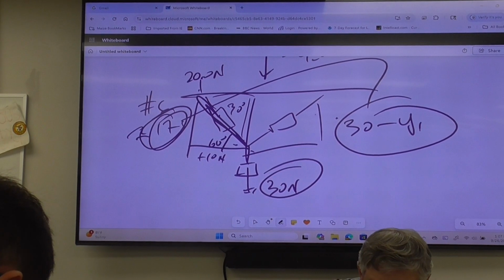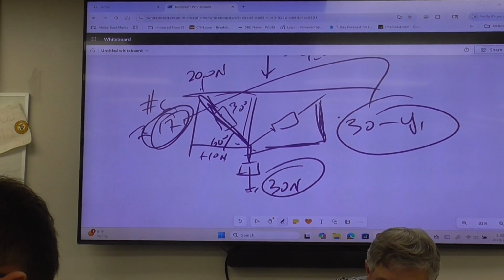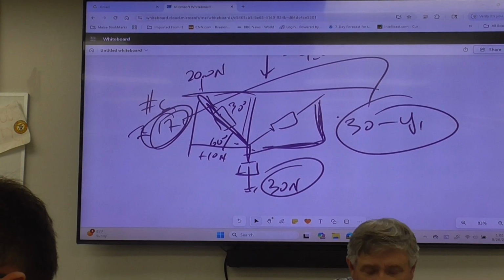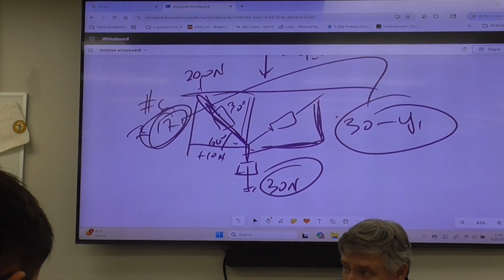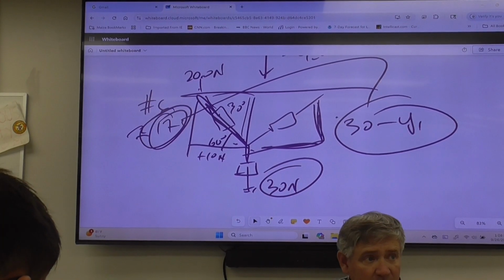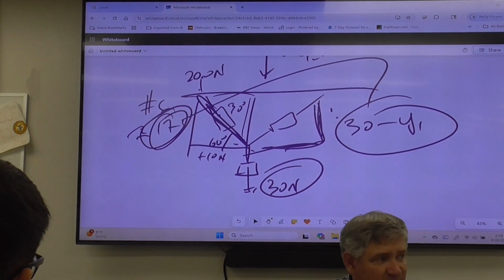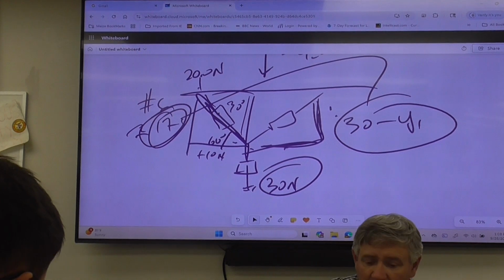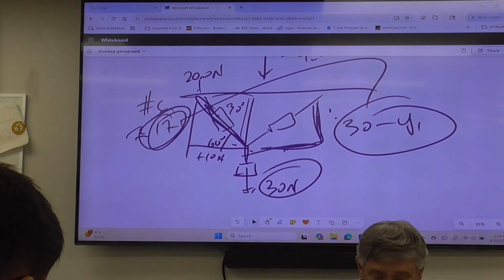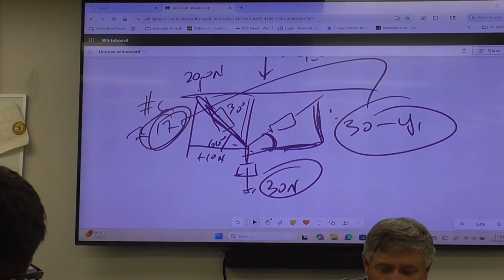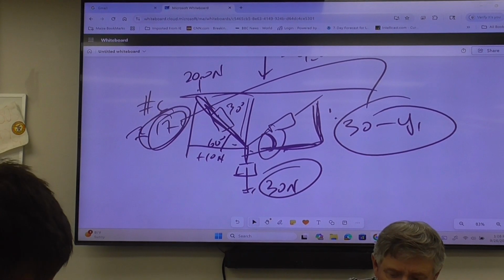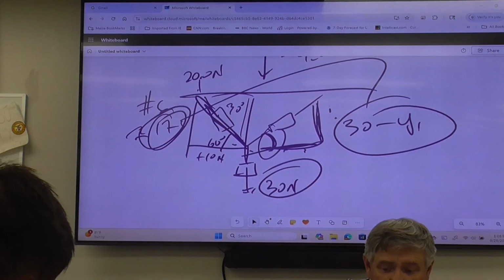So at this point, you're going to have the two sides of a right triangle. How are you going to find the hypotenuse, which is the reading on the scale? Pythagorean theorem. a squared plus b squared equals c squared. And again, depending upon how you want to work this, if you want to work off this outside angle, you can do inverse tangent of y over x.